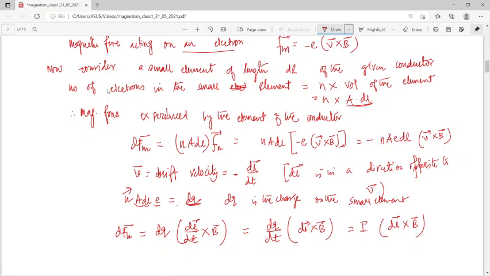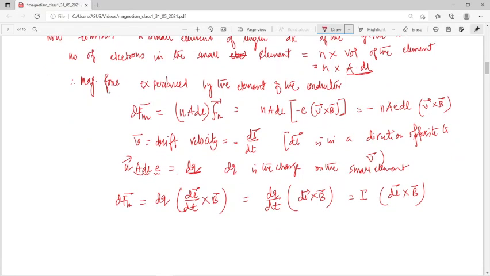Since the conductor is made of a large number of elements, if we want to find the total force experienced by the conductor, we write it as Fm.